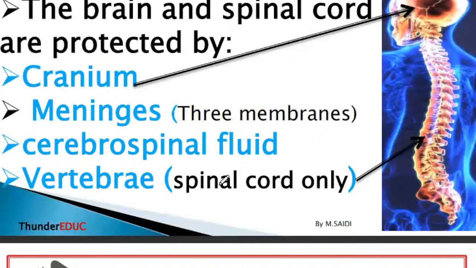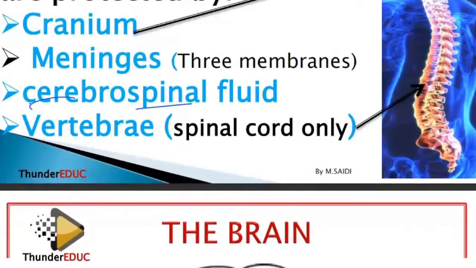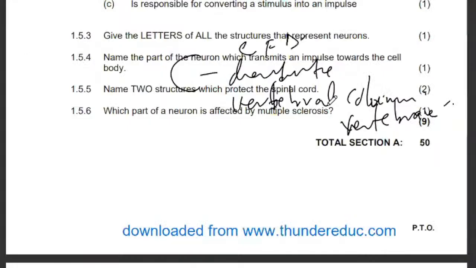The cerebrospinal fluid is being protected by the brain, and that's why it's called the cerebrospinal. It has the brain and then the spinal cord. So basically those are the two structures which protect the spinal cord.